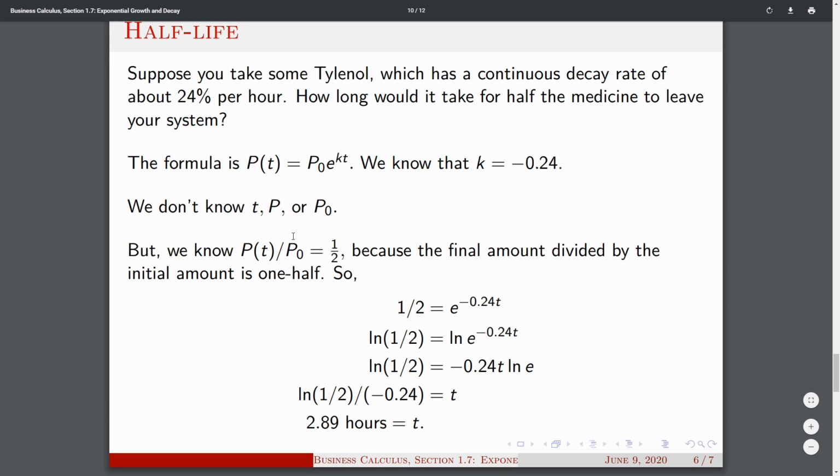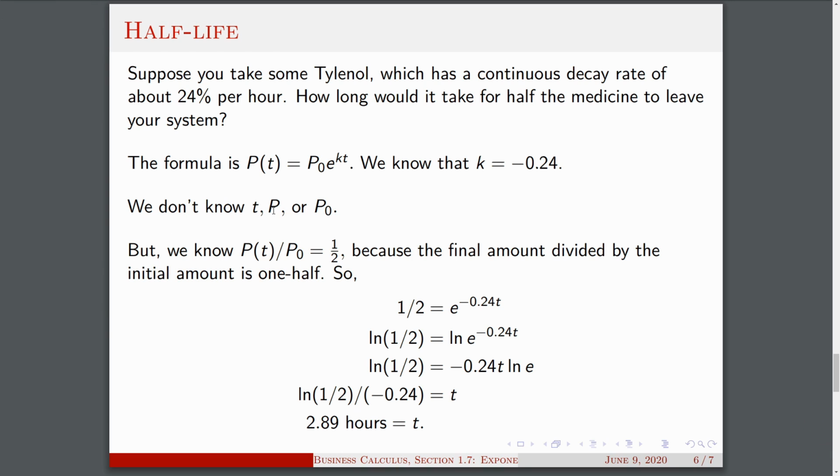All right. Now, in this case, we don't know the length of time. That's what we're trying to figure out. We don't know how much you end up with, and we don't know how much we started with. It doesn't say any of that in the problem. But let's see if we can solve it anyways. Now, we do know that we end up with half the amount that we started with.